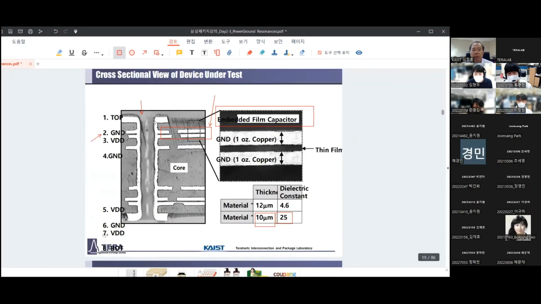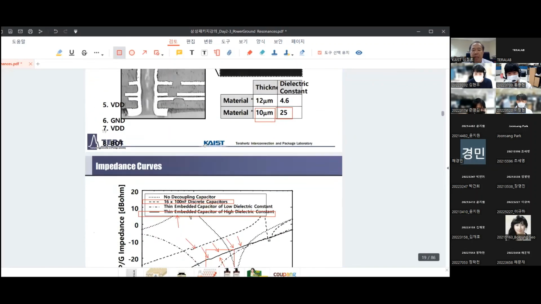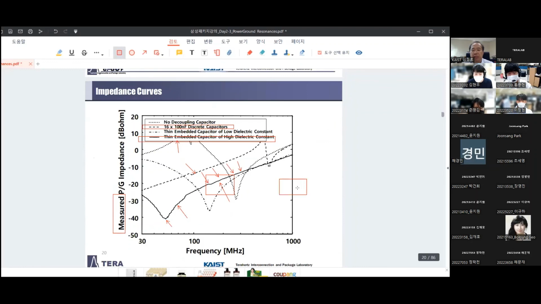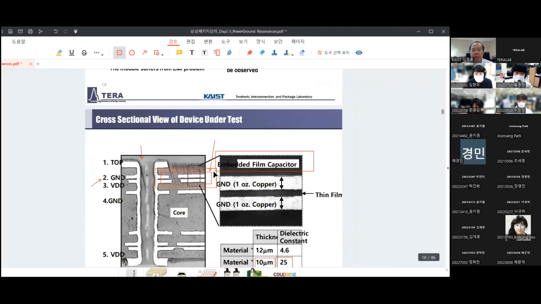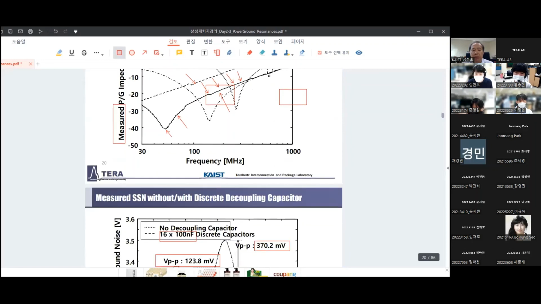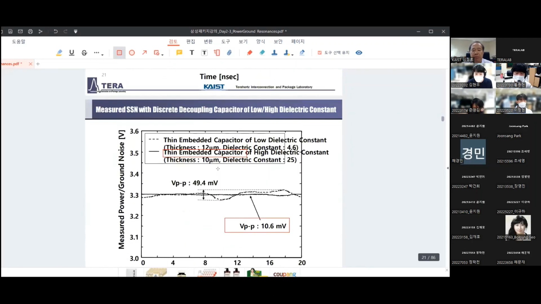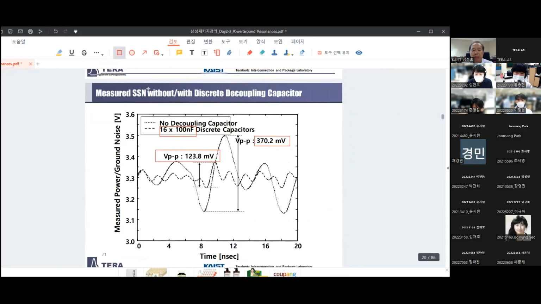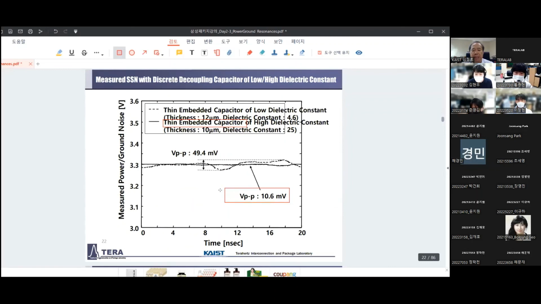We use the embedded capacitance effect. Of course, in the gigahertz range, we have to talk about the on-chip impedance designs, but by using the embedded capacitance and by lowering the inductance, we were able to bring the 370 millivolt noise to about 10 millivolts scale.